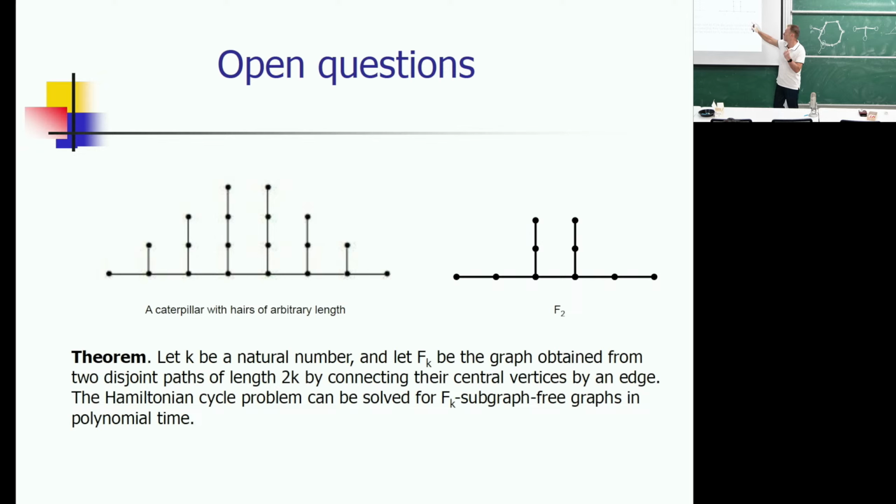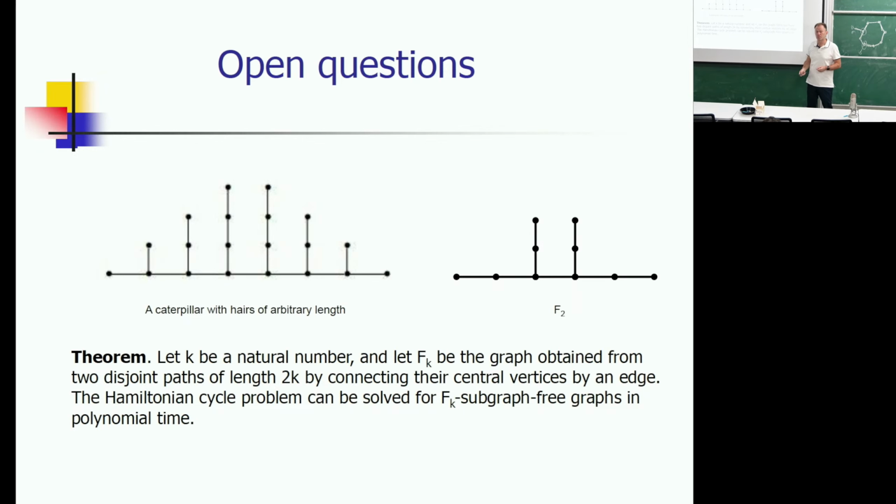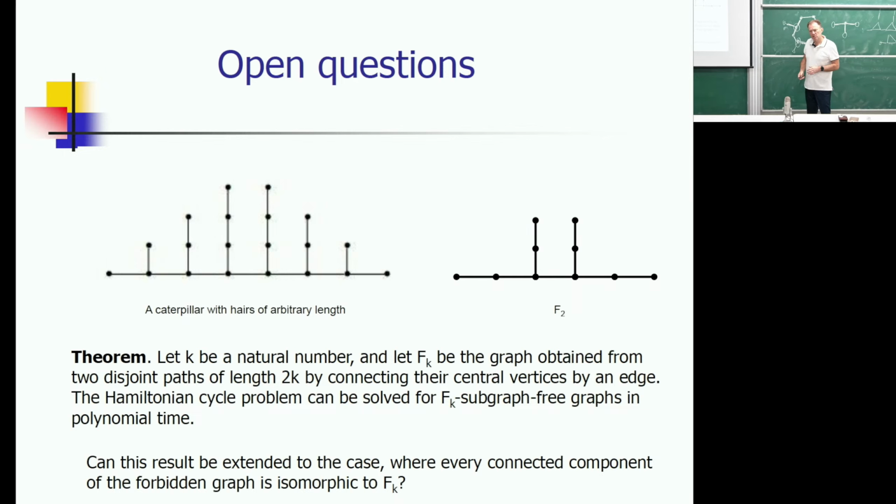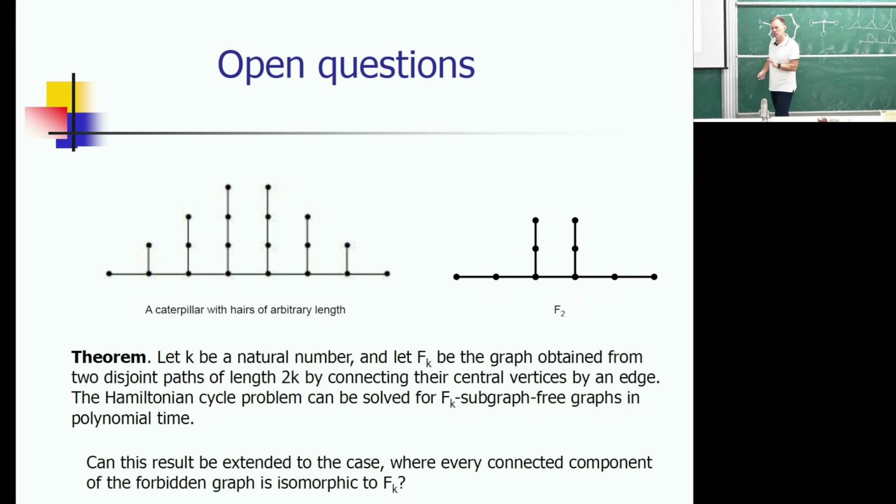What happens if we exclude a graph where every connected component has this form? I don't yet know. Can this result be extended to the case where every connected component of the forbidden graph is isomorphic to Fk? I believe that in this case somehow the problem is still solvable.